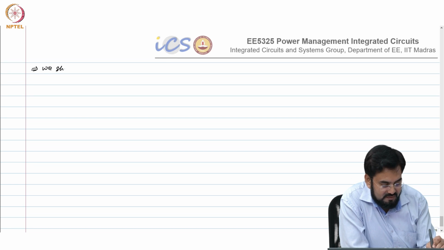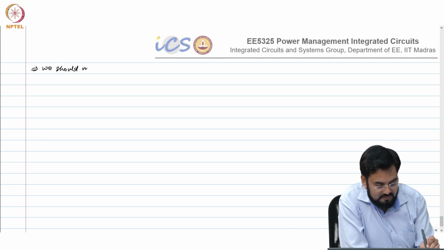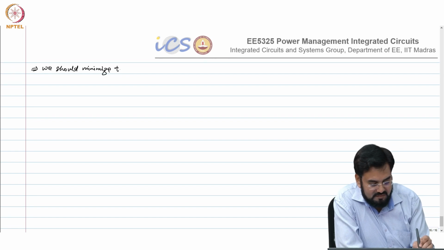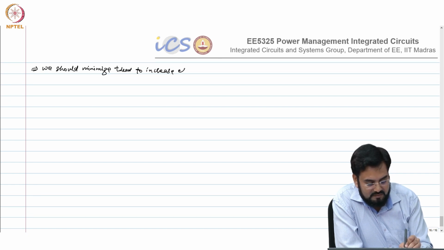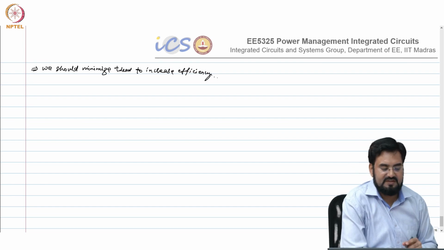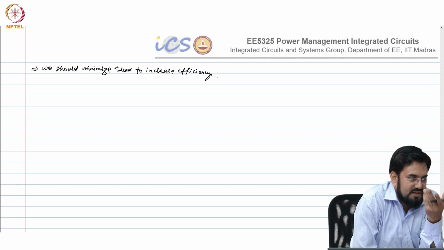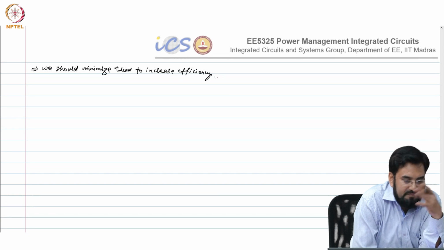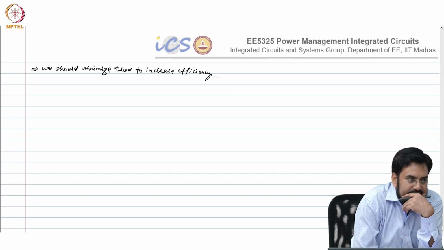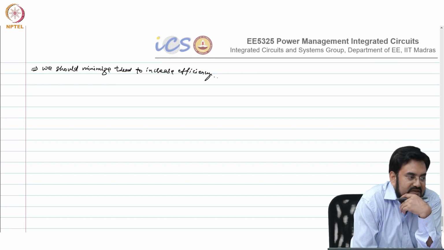So we should minimize TDED. And since this is a function of load current, at light load it will be negligible, but at mid and high load this may be significant enough to reduce your efficiency.